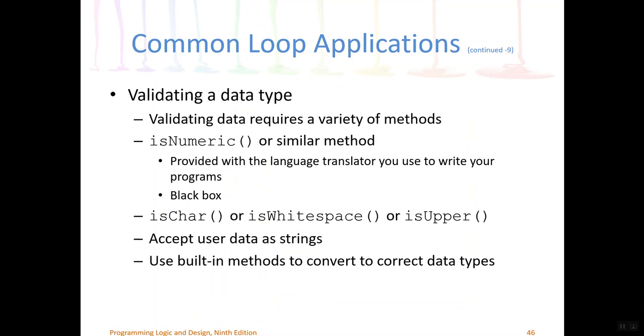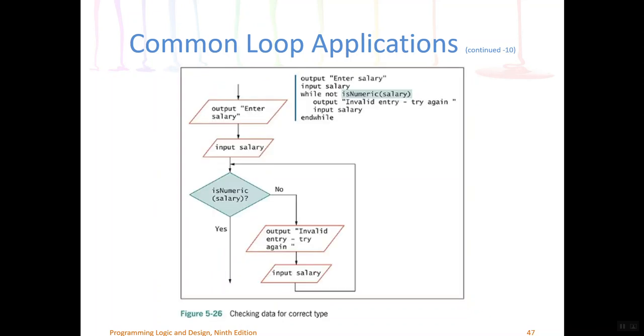What we usually do is we accept user data as strings, and then we convert it to the correct data types. We verify that it is in fact the data type that we want, and if it isn't, we let the user know that, and we often allow them to re-enter the data.